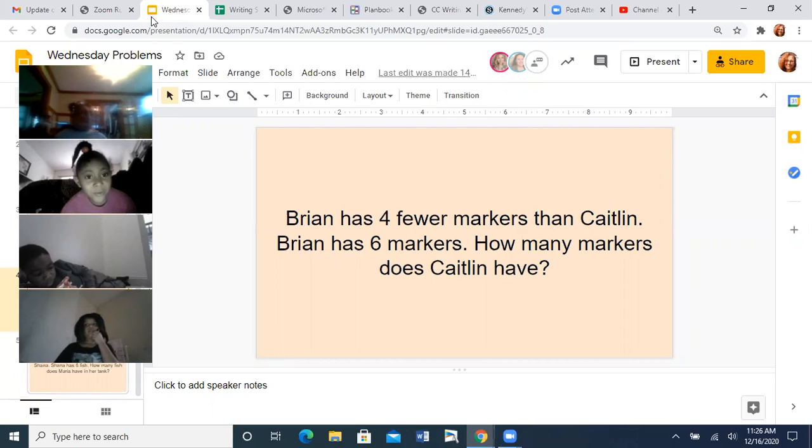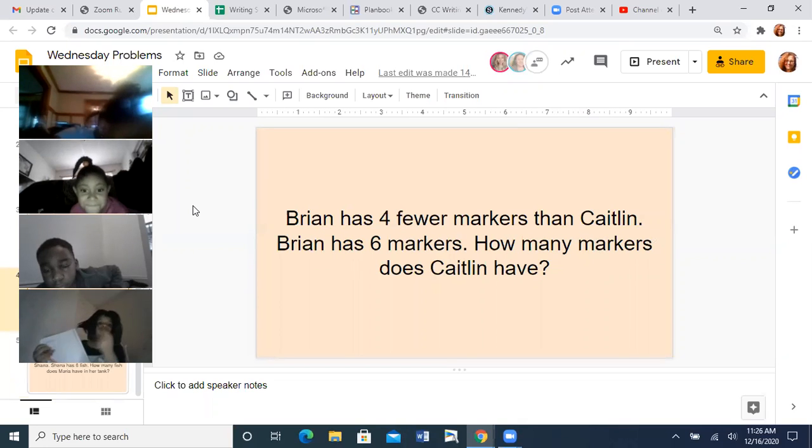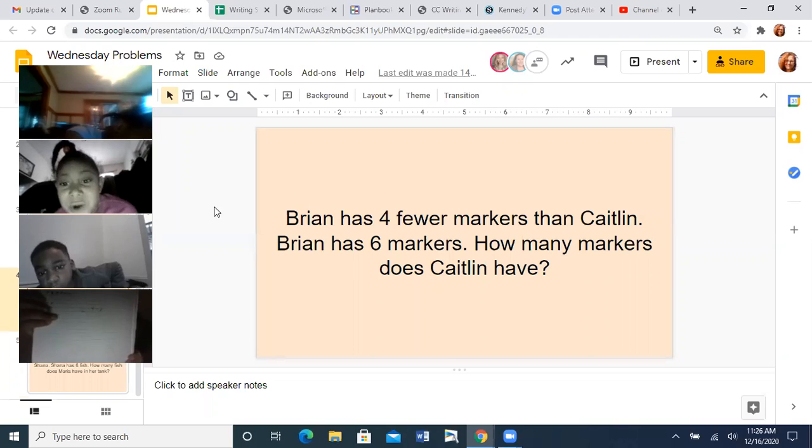Brian has 4 fewer or 4 less markers than Caitlin. Brian has 6 markers, so we know how many Brian has.